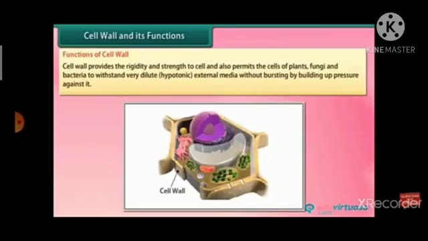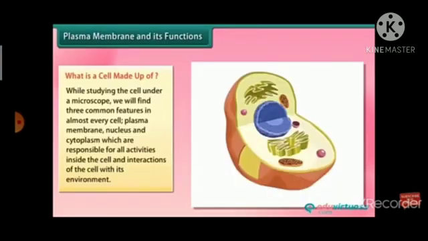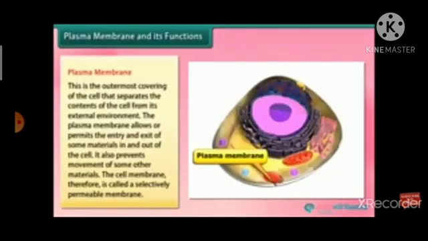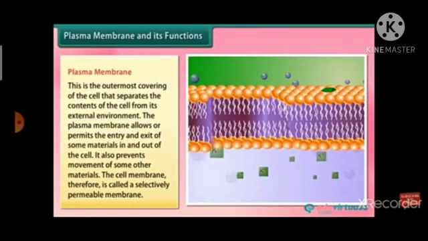Next we will see cell wall. The cell wall is the outermost covering of the cell which is seen only in plant cells. Cell wall gives definite shape to the cells. Animal cells lack the cell wall. Next we will see plasma membrane, or it is called cell membrane, a thin, extremely delicate and flexible covering.